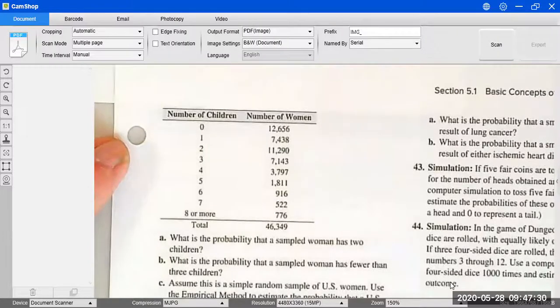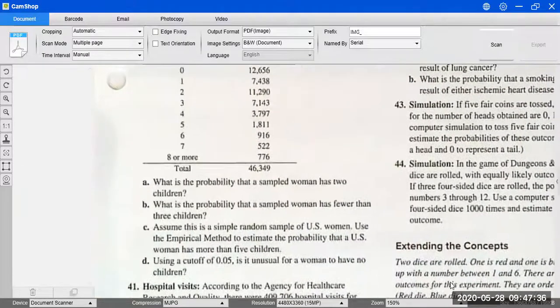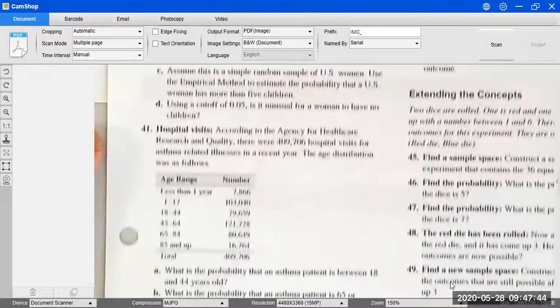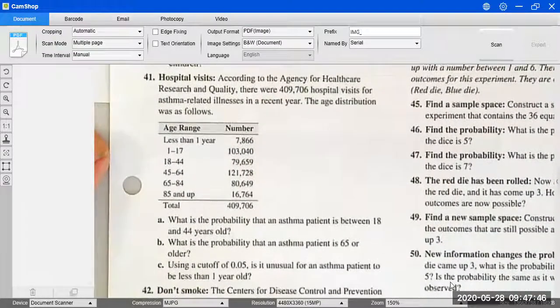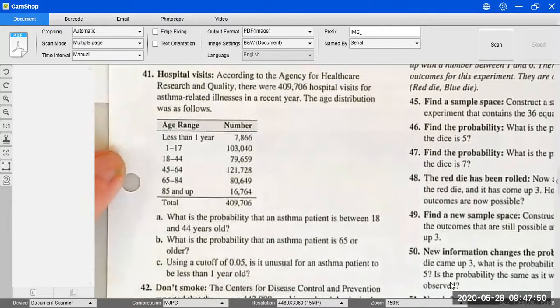So you have a frequency distribution, and then you're going to need to answer some questions about that frequency distribution. And finally, problem 41 is another frequency distribution and questions about that frequency distribution.